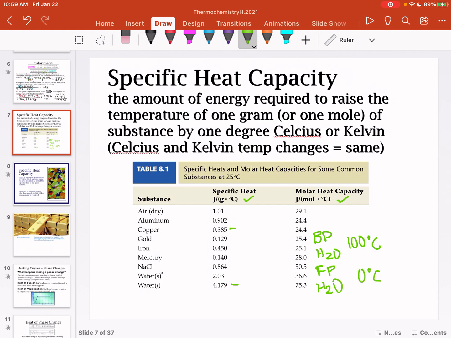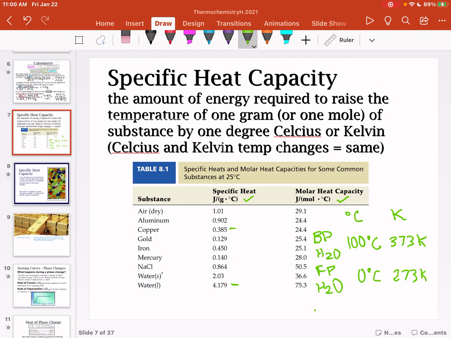Now, if I convert both of these into Kelvin, I know that Table T tells me how to do that. I add 273. So in Kelvin, 100 degrees Celsius is 373 Kelvin. And when I add 273 to 0, we can see that our freezing point of water is 273 Kelvin.